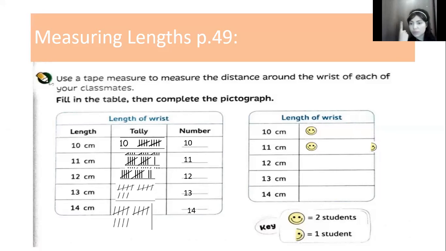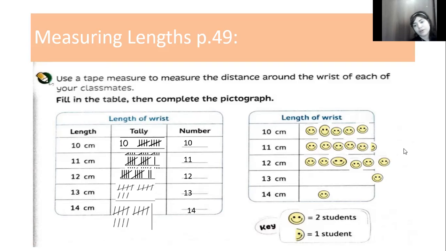So it will be 5 faces plus half face. Then 12: 6 faces. 13 is 6 faces and half face. 14 is 7 faces.